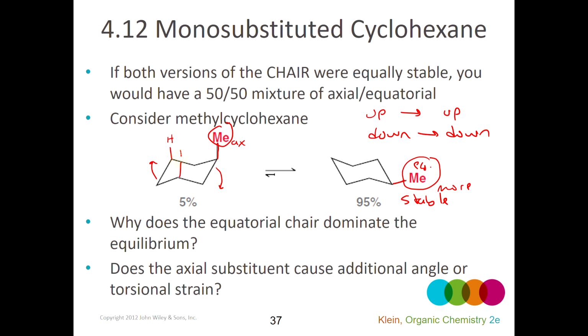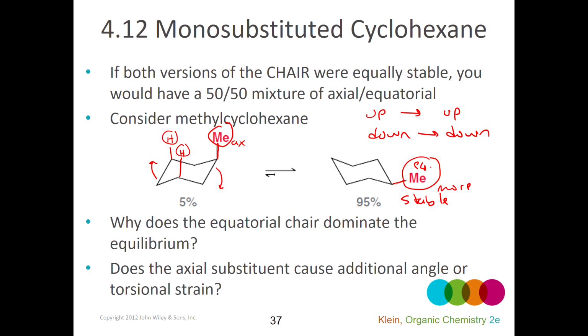And this is especially easier to see on the model, and if you look at the video it might be more clear for you. But any axial groups on the same side of the ring are a little bit too close together. It's the equivalent of being gauche. Their electron clouds become close enough together to repel significantly.